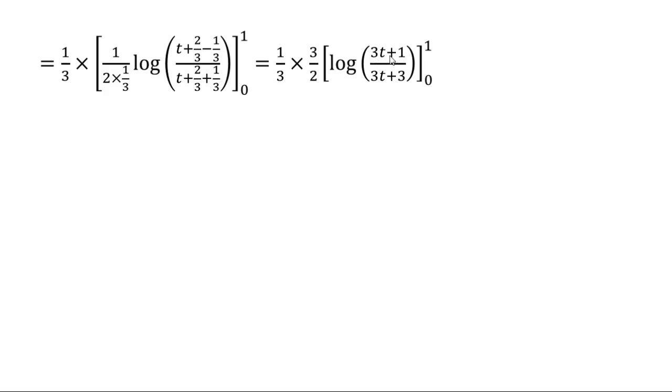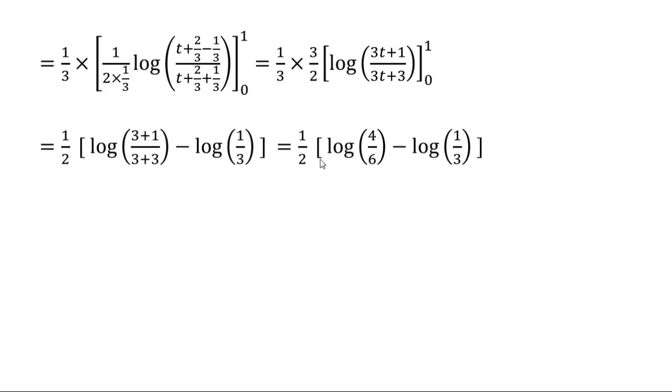Actually this should be minus, हे minus असायला पाहिजे, this is minus. One minute, no, it is plus. How is it plus? This 2 minus 1 is 1, so it is 1 by 3, plus as I think. So put t is equal to 1, 3 plus 1, 4 by 6, and when we put t is equal to 0, this will be 1 by 3. t 0 घेतल्यानंतर हा व्हॅनिश होतो, तर हा 4 by 6 आणि हा 1 by 3.